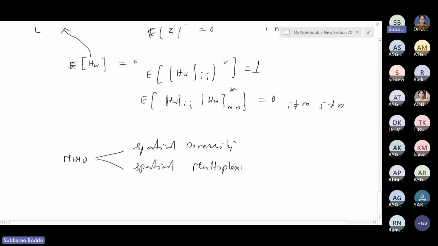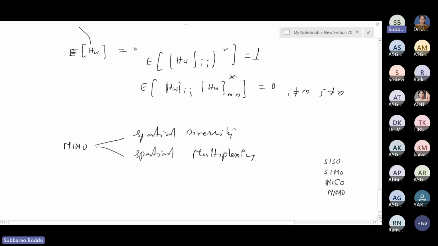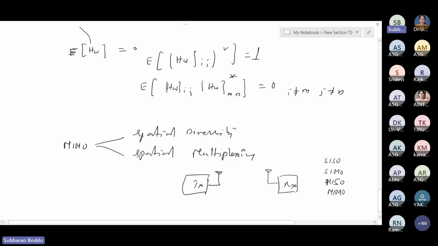As I mentioned, we have four modes of communication: single input single output, single input multiple output, multiple input single output, and multiple input multiple output. When you look at diversity, we have the transmitter side at the input and the receiver side, and here we have multiple antennas, and here also we have multiple antennas.